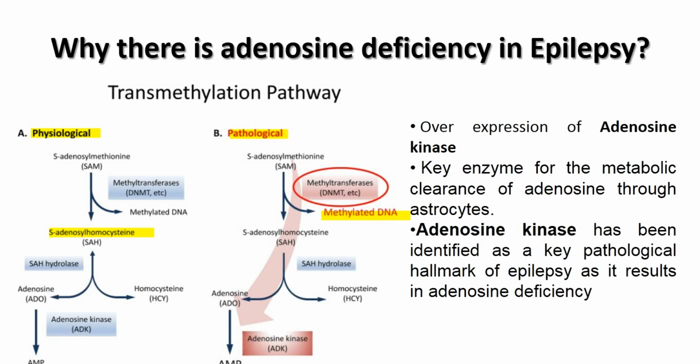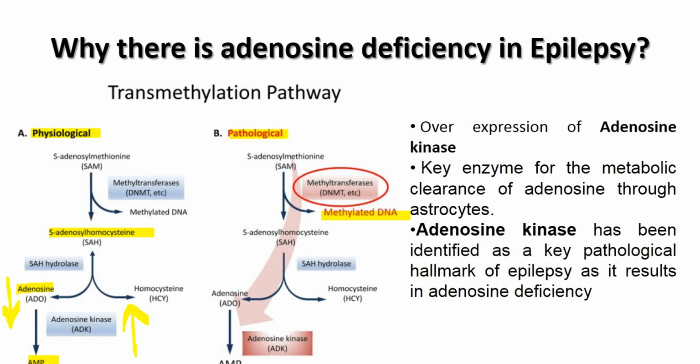It is because of the overactivity of adenosine kinase. Adenosine kinase converts adenosine into AMP. So, automatically more adenosine kinase means more AMP. More AMP means less adenosine, right. So, this is how there is deficiency of adenosine.